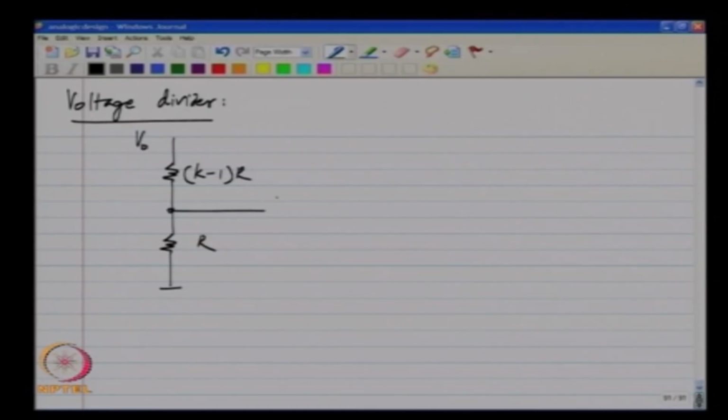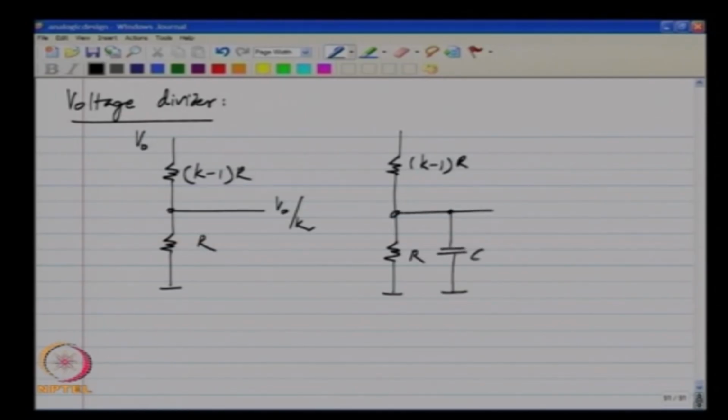If I have V naught here, I will get V naught divided by K. But in reality, I have this, and in addition to that, I have, let us say, a single parasitic capacitor Cp over there. If I have V naught here, what comes out here? You can again use the voltage divider formula.